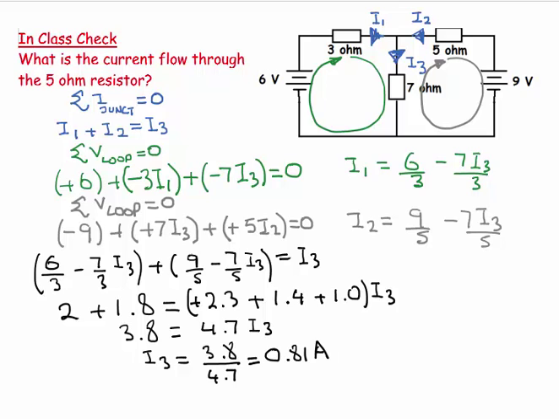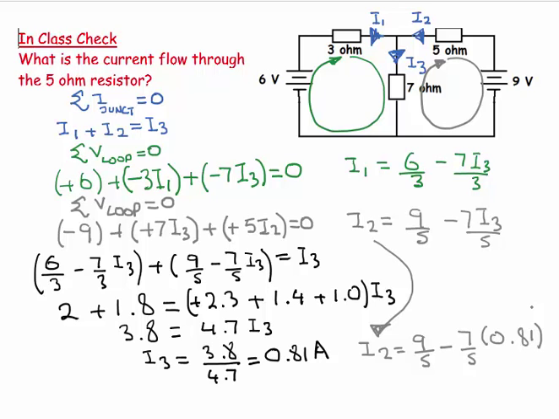Well, we just substitute. So this tells us that I2 is equal to 9 over 5 minus 7 over 5 times 0.81. So this is 7 divided by 5, times 0.81, which is 1.134.